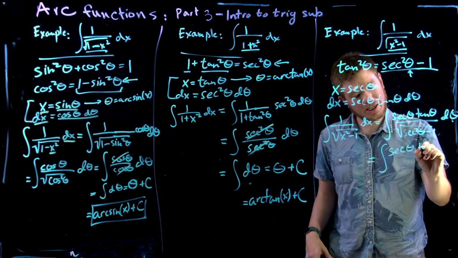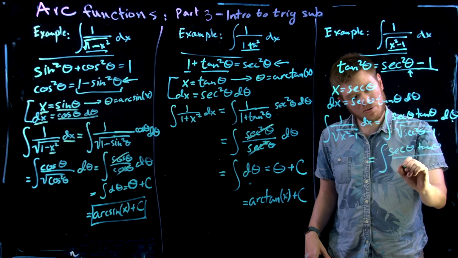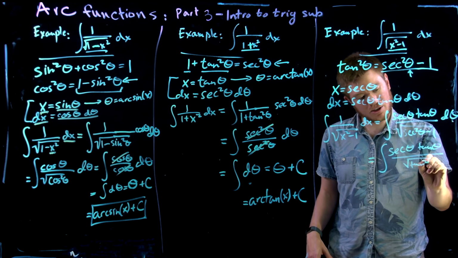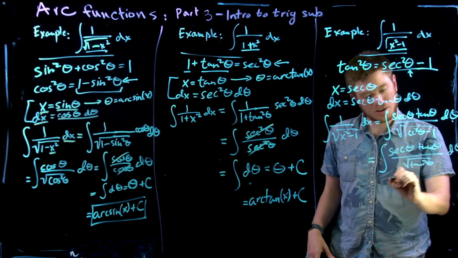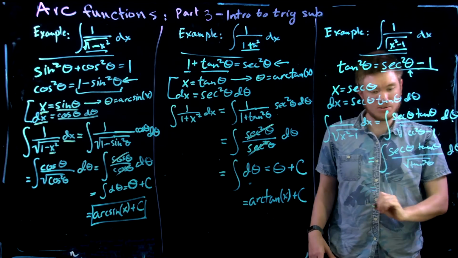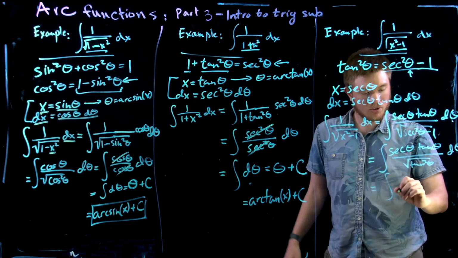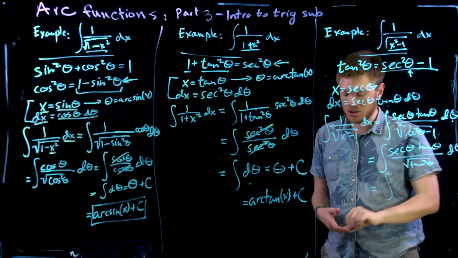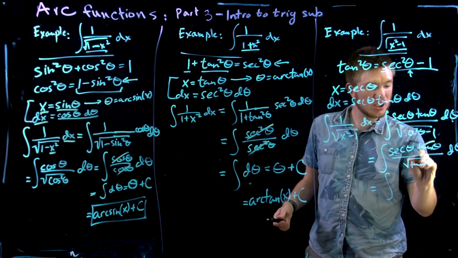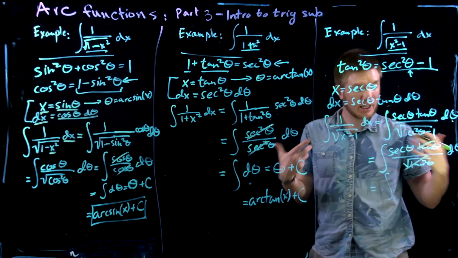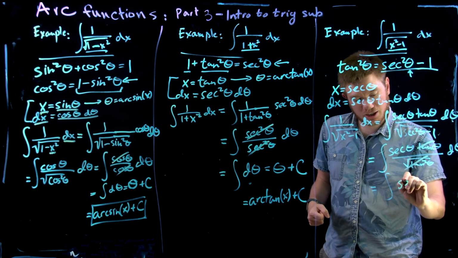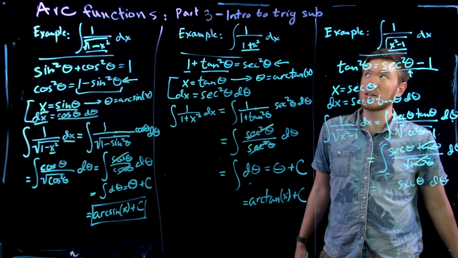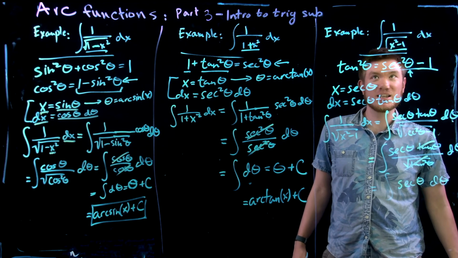The square root of tan squared is going to be tangent, so the tangent in the numerator and denominator cancel, and we get the integral of secant theta d theta.